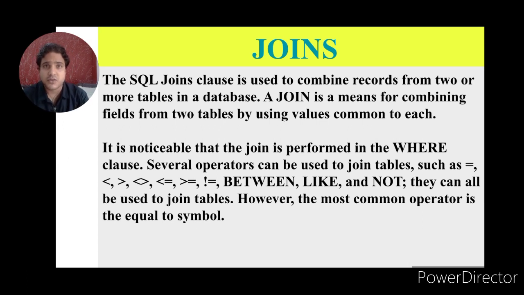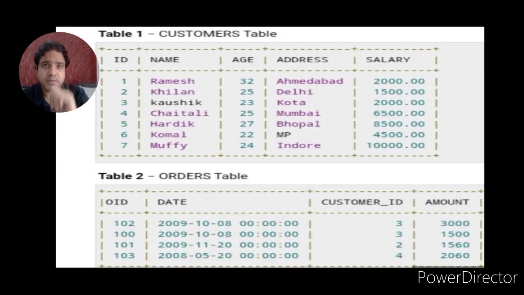First of all, the concept of a join with an example. Consider there are two tables, the customer table and the order table. The customer table contains 5 attributes: ID, name, age, address, and salary. Here ID is the primary key of the customer table, with 7 tuples containing all the information along with all attributes of the customer table.